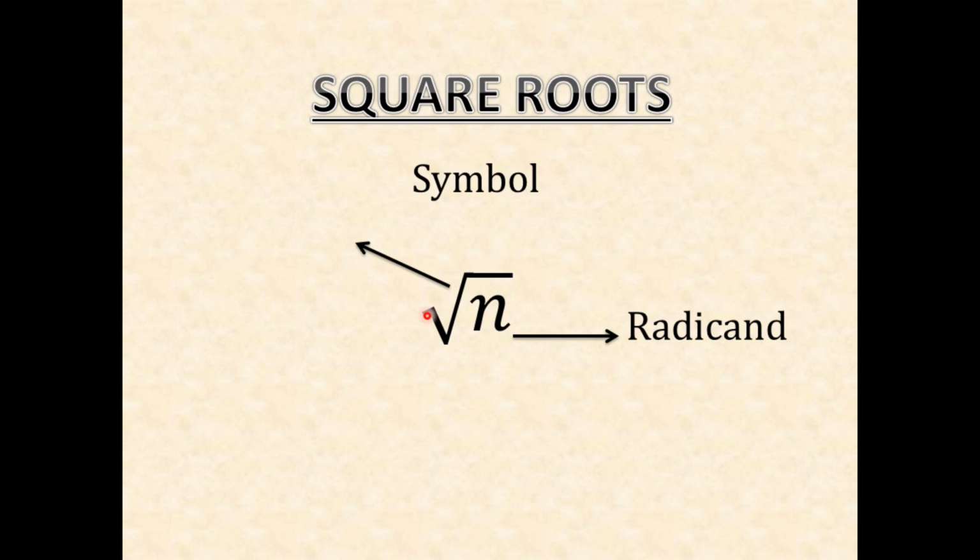Then this one is what we call the radical, and this one right over here is what we call the index. The index of this symbol, if we are talking about square root, is equal to 2. That is imaginary, so we do not need to write 2 here.